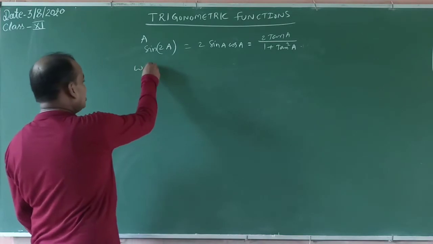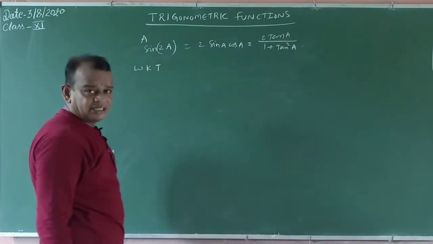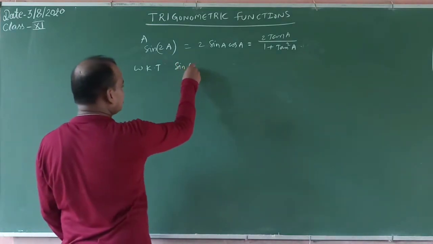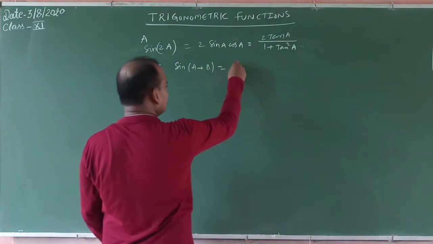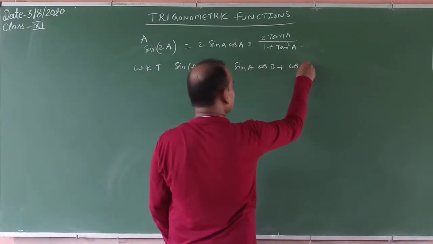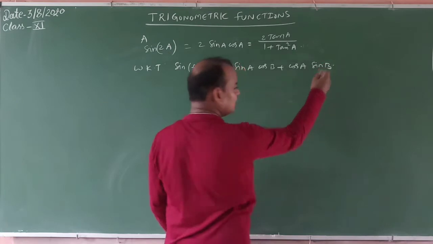We know the formulas we learned yesterday, compound angles, sum of two angles. Sin of A plus B is sin A cos B plus cos A sin B. You know this very well.